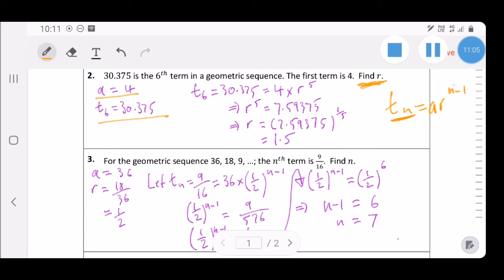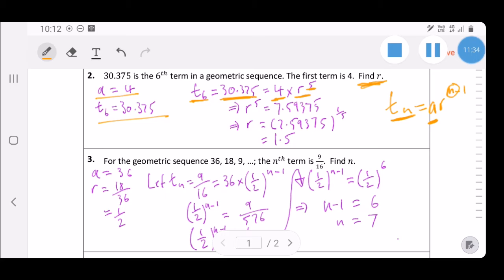And so long as we substitute in 6 for this n value here, then we're all good. And we have the first value, A. So that will just leave one unknown, R. And we'll be able to solve for it. So here we go. T6 equals what they told us, which equals A times R to the 6 minus 1. In other words, 5.